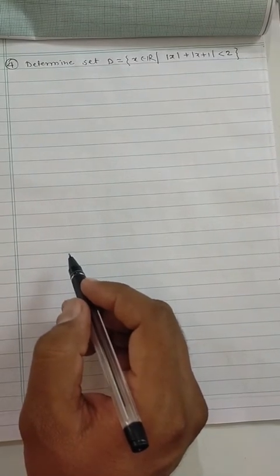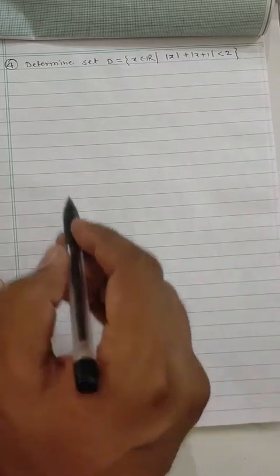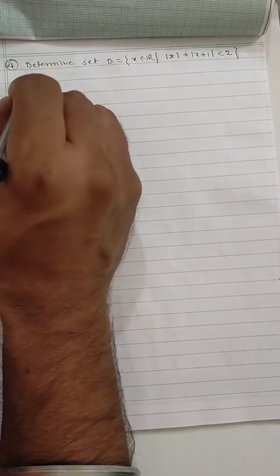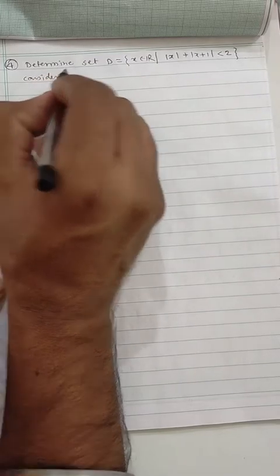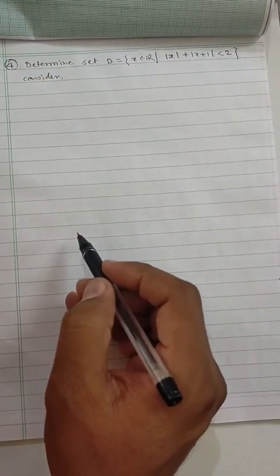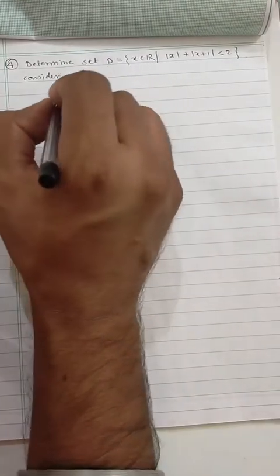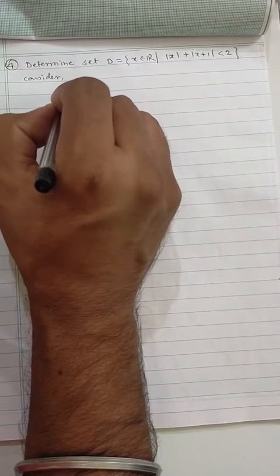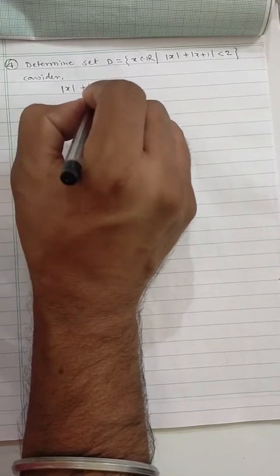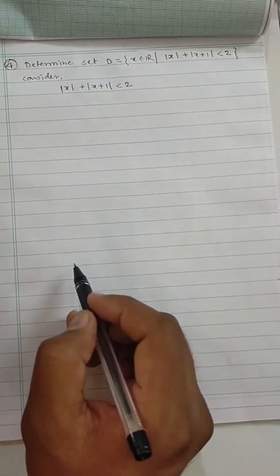If possible, try to sketch. So now I will consider the restriction, that means the expression that is on the element of set D. So the expression is absolute value of x plus absolute value of x plus 1 should be strictly less than 2.